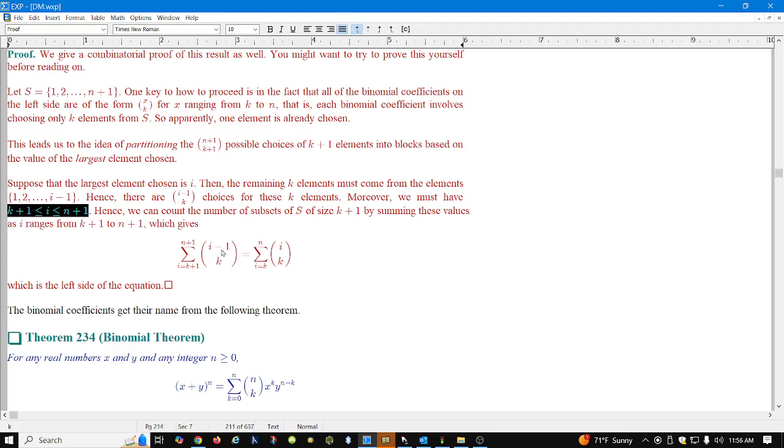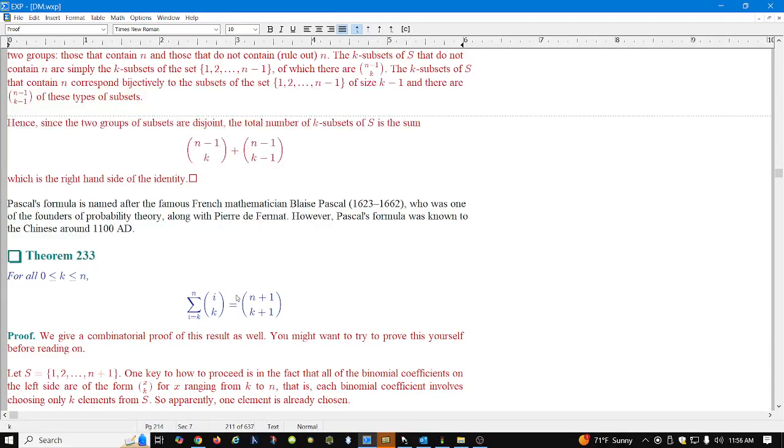If we want to bump i up by 1 to get i in the upper number, we have to reduce the range of i, the range of summation of i. So we drop it down to i goes from k to n, i choose k. That's exactly what's written here.